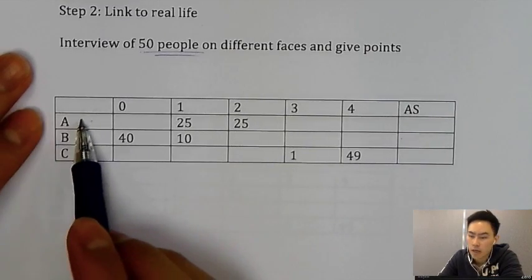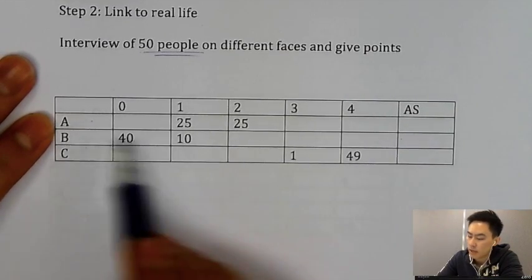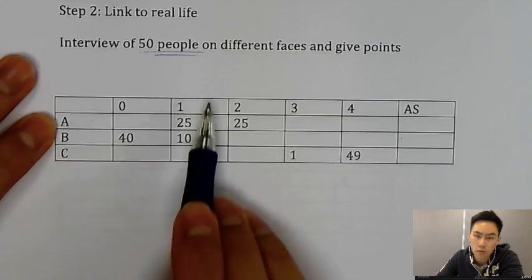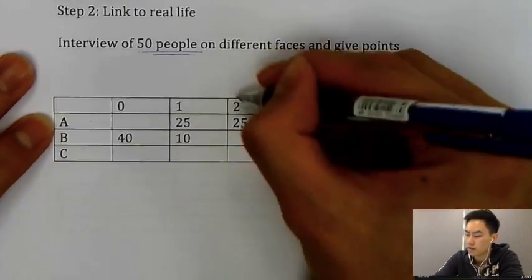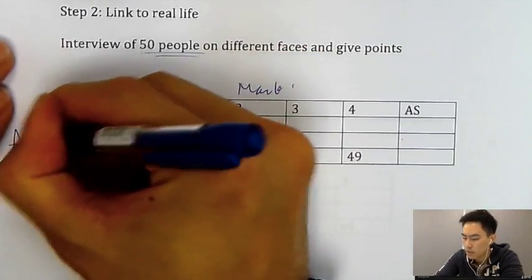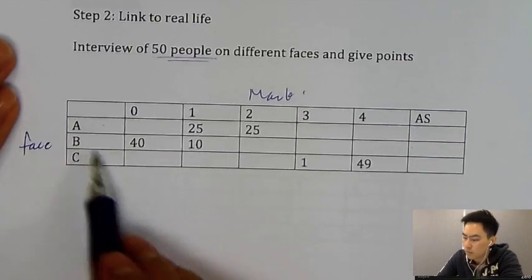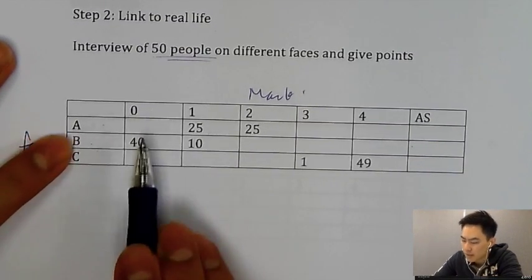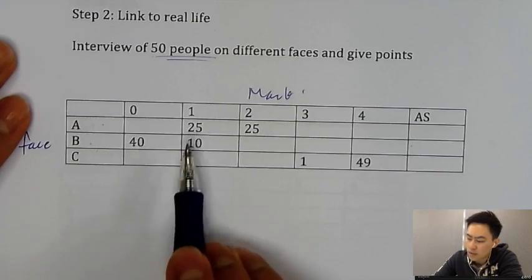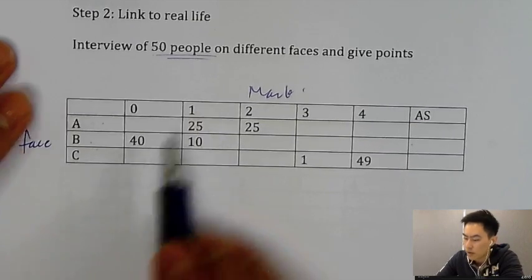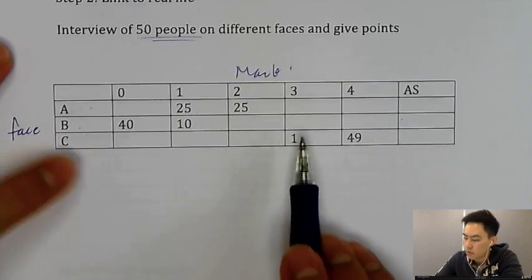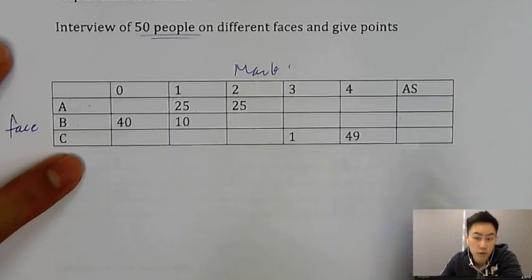For face A, 25 people give 1 mark, 25 people give 2 marks. For B, 40 people give 0 marks, 10 people give 1 mark, and then C, 1 person gives 3 marks, and 49 people give 4 marks.